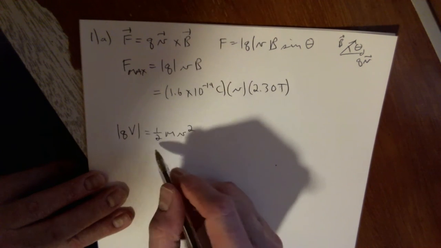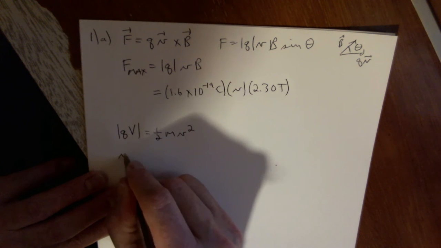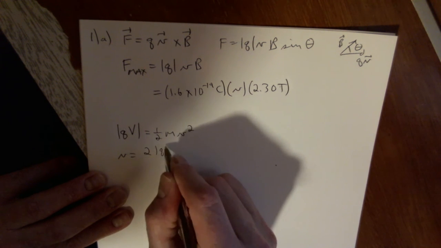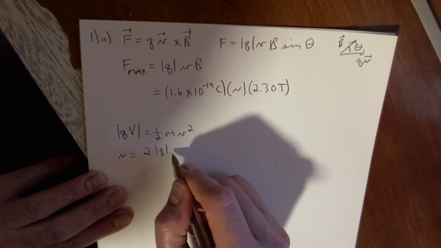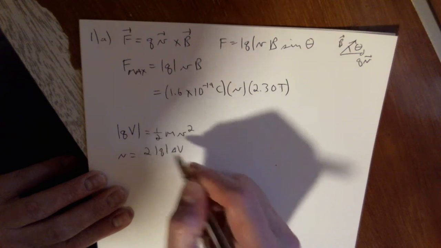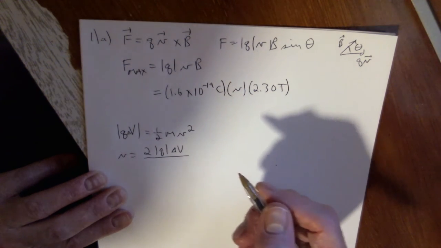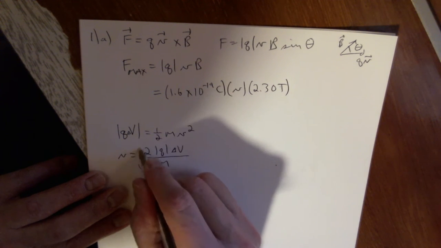So if I solve for v, multiply by 2 on both sides, divide by m, I get that v is 2 times the absolute value of q, times the absolute value of the voltage change, which I'll write as delta V just to make clear that it's a change, divided by m, and take the square root.